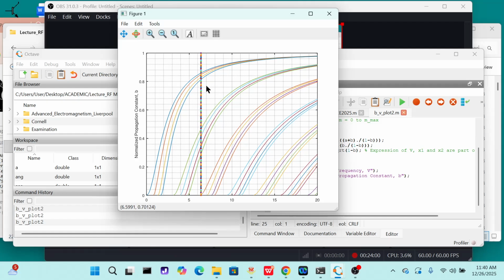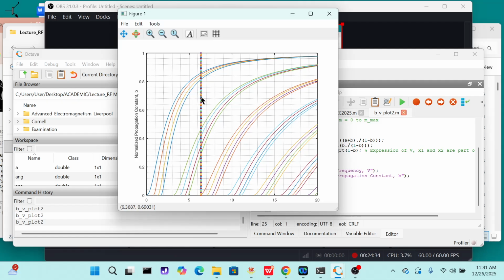You need to check whether there's any crossing for this vertical line. So according to the graph here, you have got only two groups of lines, one for m equal to 0, the other for m equal to 1. So you can rest assured your waveguide can support basically two modes for TE mode, and I can tell you for TM modes as well.